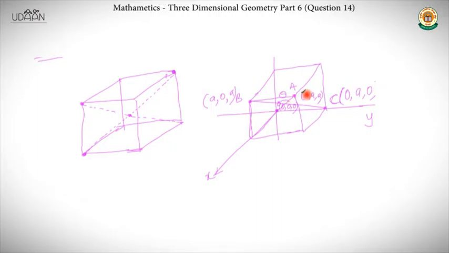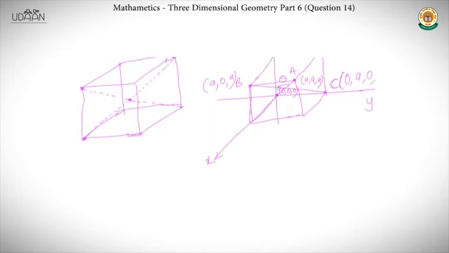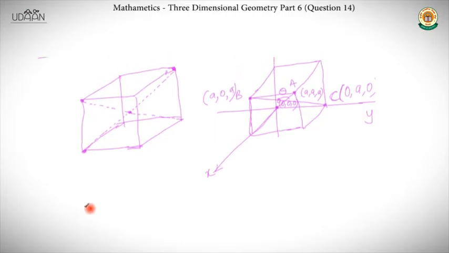Now we'll work it out using 3D geometry. For BC, we'll first find the direction ratios. For any line with ends x1, y1, z1 and x2, y2, z2, the direction ratios are x2 minus x1, y2 minus y1 and z2 minus z1.